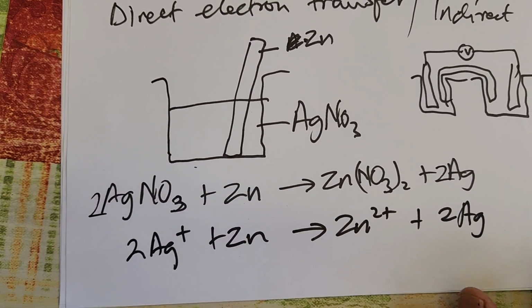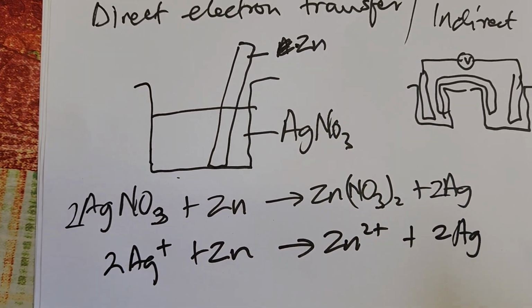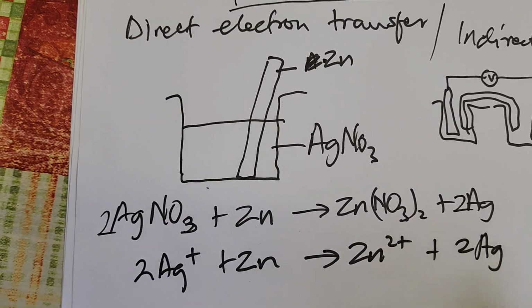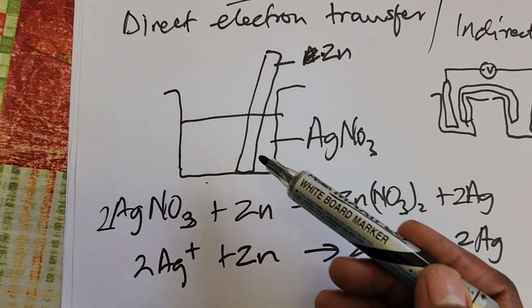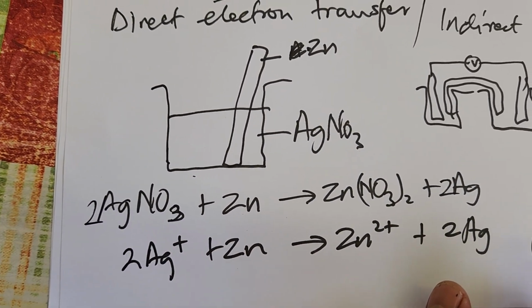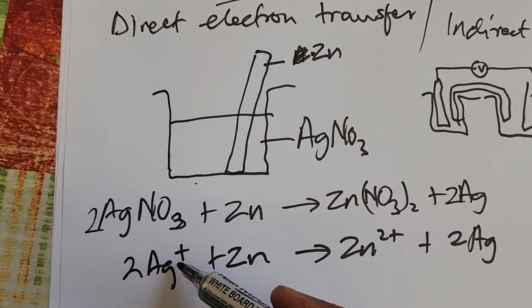Because we know that metals can only undergo oxidation, obviously zinc is oxidized and the silver ions in the solution will be reduced. It's confirmed by this.